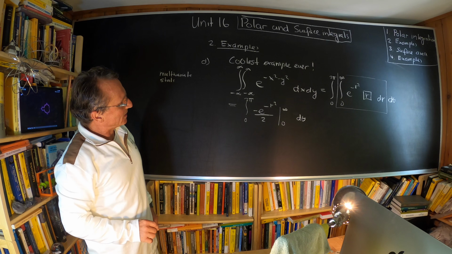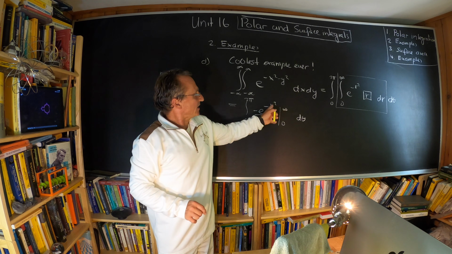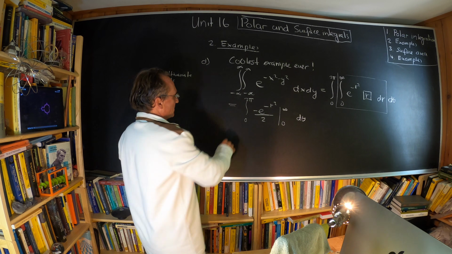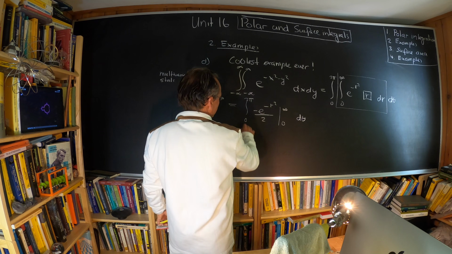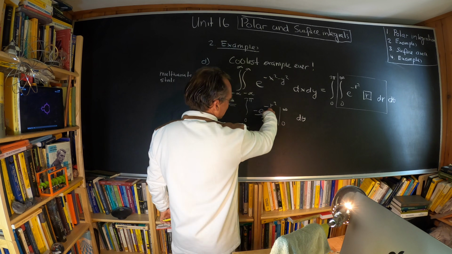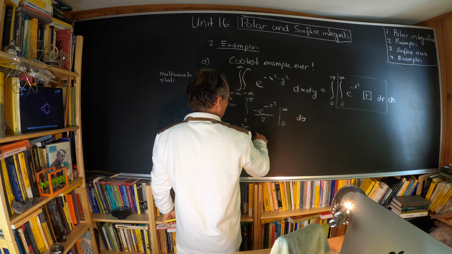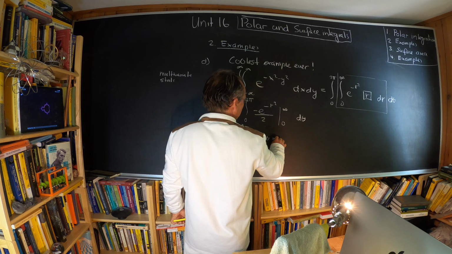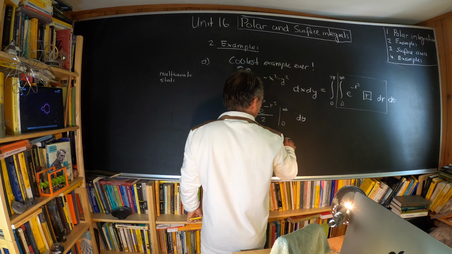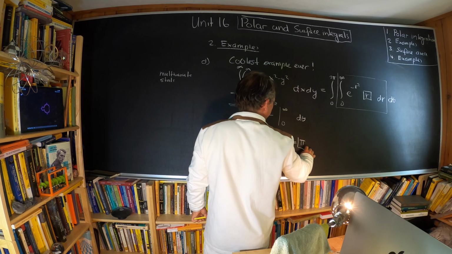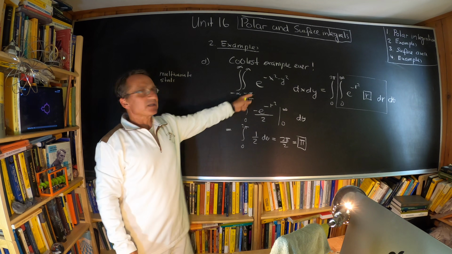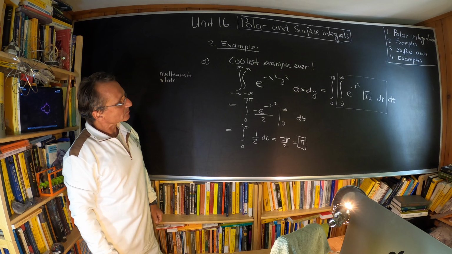So when we take infinity here, we get 0. When we take 0, we get 1. So this is equal to the integral of 1/2 d theta. This is 2 pi times a half, which is just pi. So this integral is pi.